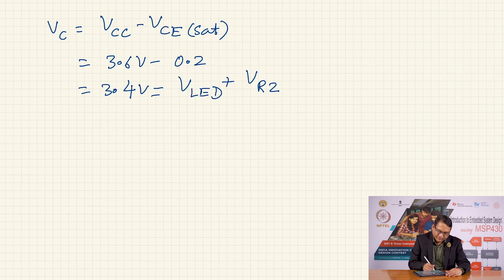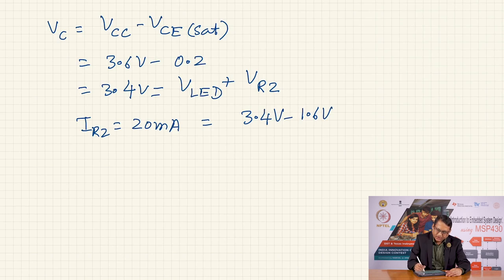And so, we can find out the value of the resistance based on the current that we need. Let us say we want 20 milliamperes. So, IR2 is equal to 20 milliampere, which will be 3.4 volts minus VLED, say 1.6 volt, divided by R2.